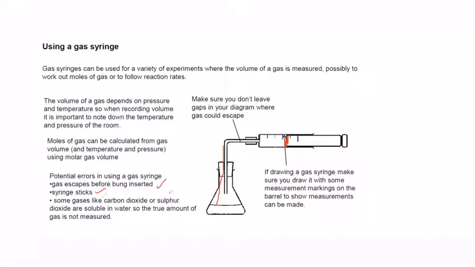Some gases like carbon dioxide or sulfur dioxide are soluble in water, so the gas released may dissolve in the solution. So we will not get the same amount of gas, and it will not be accurate. Is it clear? So these are the errors associated with using a gas syringe.